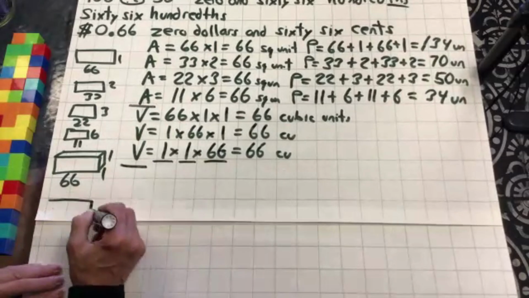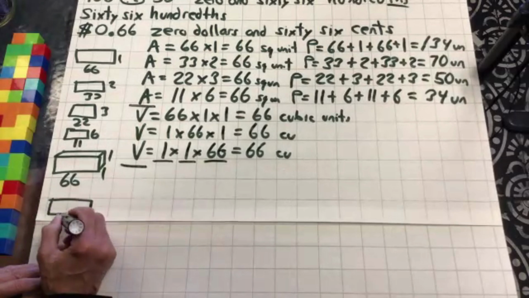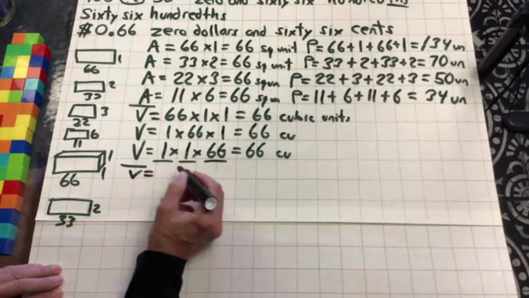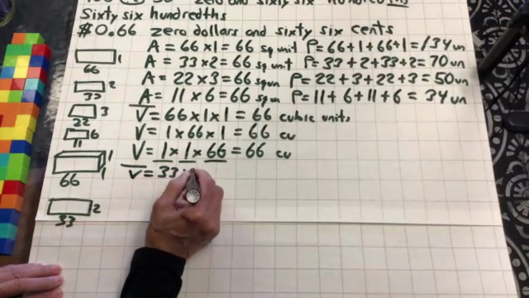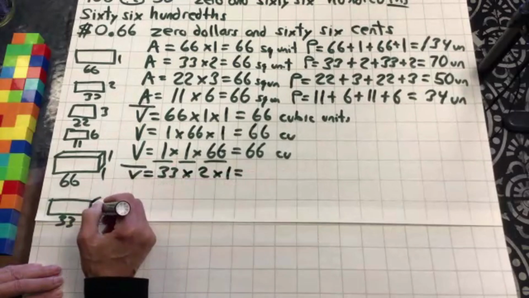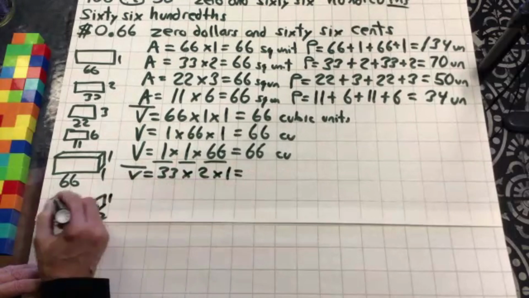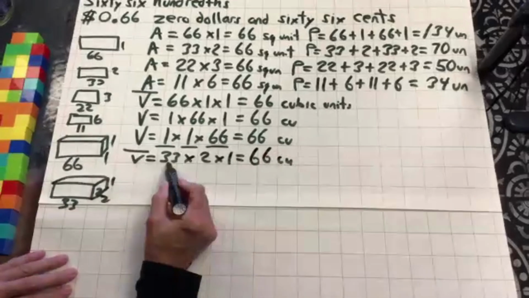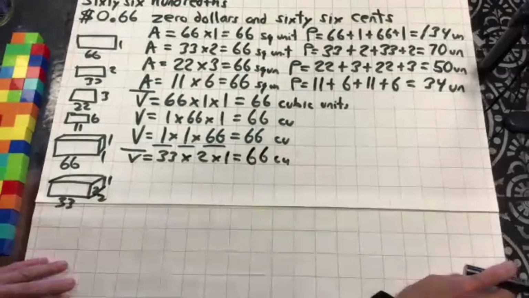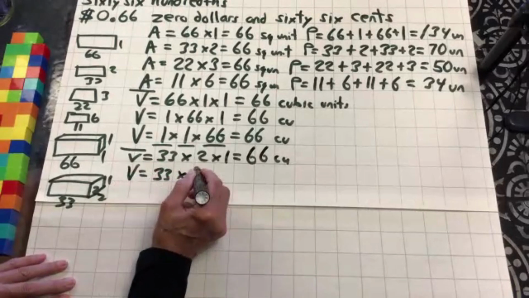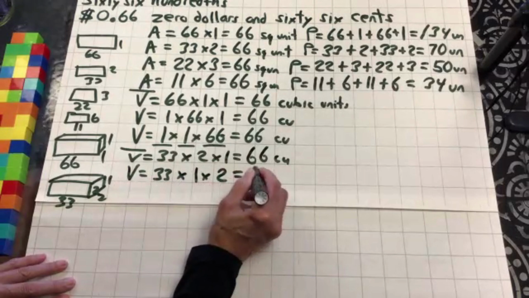Now we have a 33 by 2. So this would be 33 times 2 times 1 equals 66. And since there's 3 numbers, we can put it in 6 different ways. So then we could have 33 wide by 1 deep by 2.